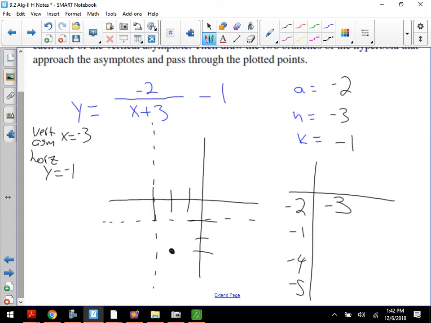Use -1. What's -1 plus 3? 2. What's -2 divided by 2? -1. What's -1 minus 1?